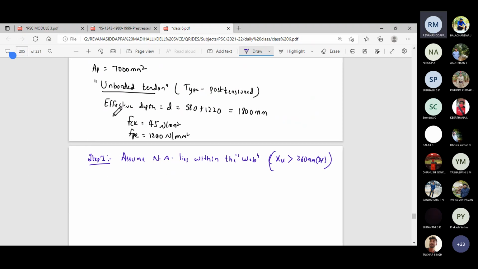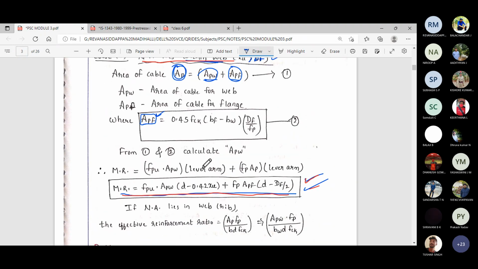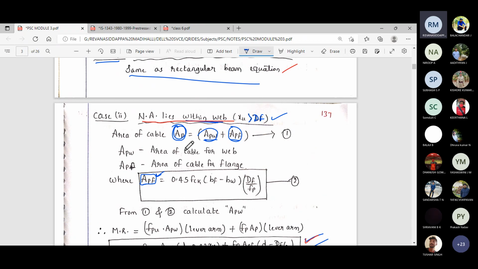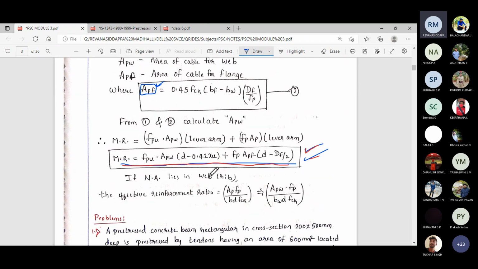Now, when you assume the depth of neutral axis lies within the web, what is the procedure? Let me go to the theory part. This is the formula which we have to use. The procedure is to find first the area of pre-stressing steel required for the flange section and the area of pre-stressing steel required for the web section, then find the ratio APW FP by BW D into FCK.